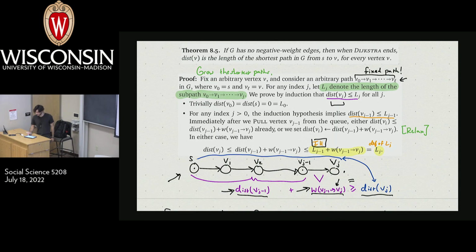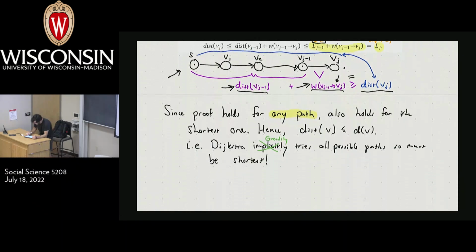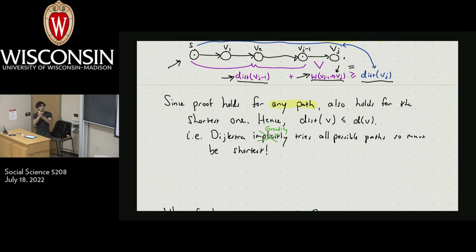So this is basically the same proof we've seen already. The only difference is we're looking at a fixed path instead of the best path. So this proof holds for any fixed path, v_0 to v_j. And so particularly, we can specialize that arbitrary path to be the shortest one.